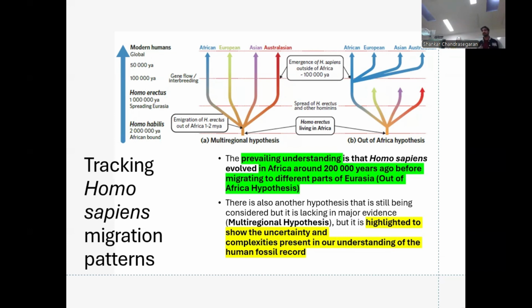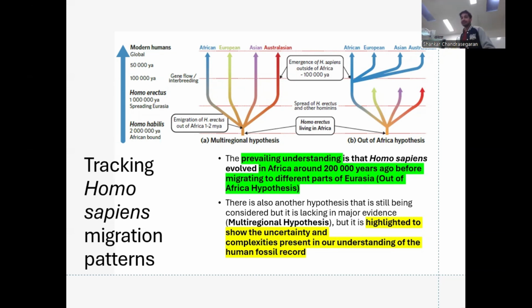Remember in our previous lesson, we talked about the human fossil record being uncertain sometimes due to gaps in our findings and due to fossils, we are not able to find fossils as readily and easily for Homo sapiens and other species of Homo. So we have to sometimes consider other hypotheses to be able to have the best range of ideas that might be the truth, right?